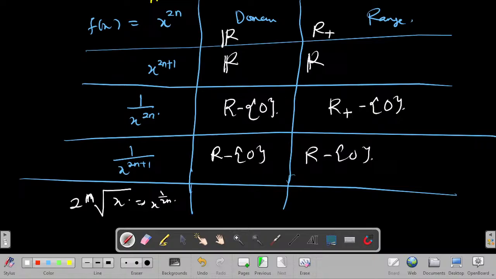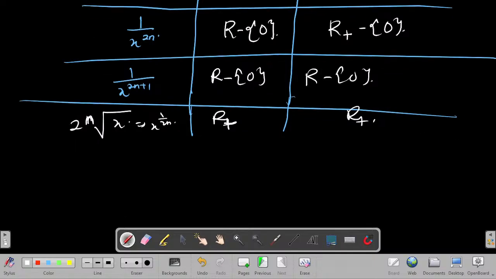You've done algebra, and you should know that whenever you have the square root of a negative number, you get a complex number. So we get rid of all negative values. Therefore, our domain is R plus. What should be the range? Range, we can't get negative. That is all I'm going to touch on in power function.